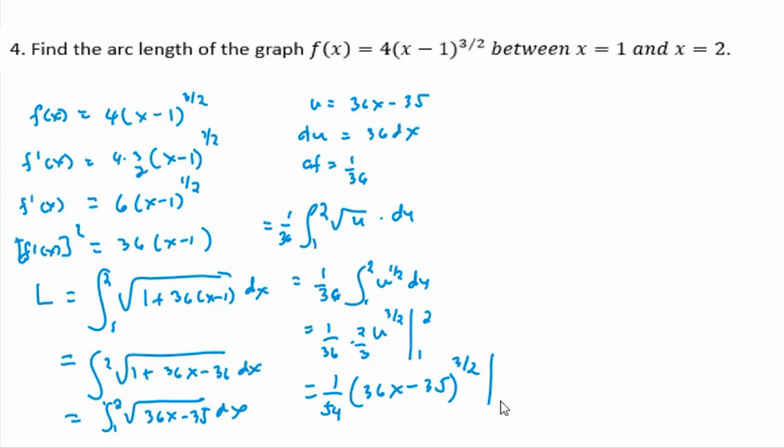This will be evaluated from 1 to 2. So by using the fundamental theorem of calculus, this will give us now the value of 37 times the square root of 37 minus 1, all over 54. So that's now the length for this problem.